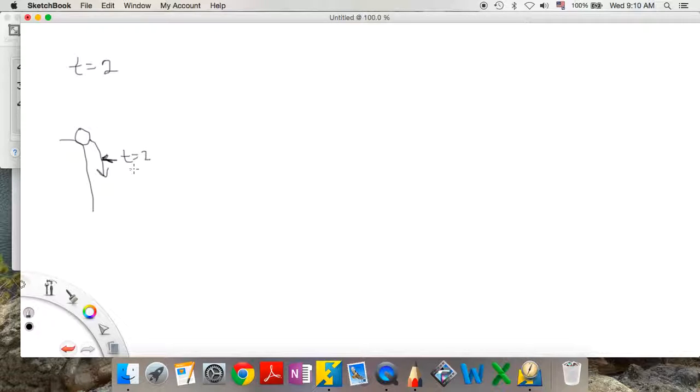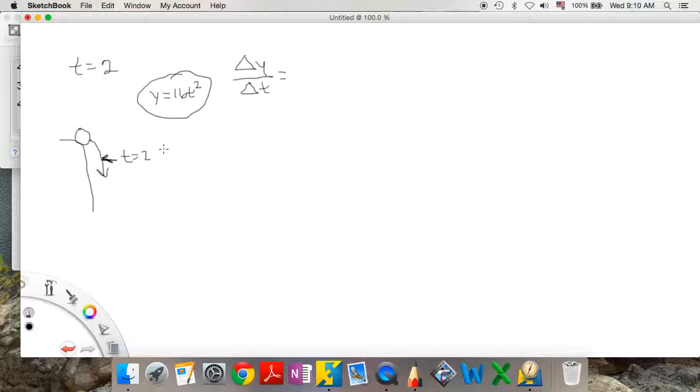So the way we want to figure that is, if we figure out what our change in y over our change in t is, well, the change in y, up in example 1, it tells you that y is 16t squared. This is a physics equation, so we're not going to go into how to derive that.